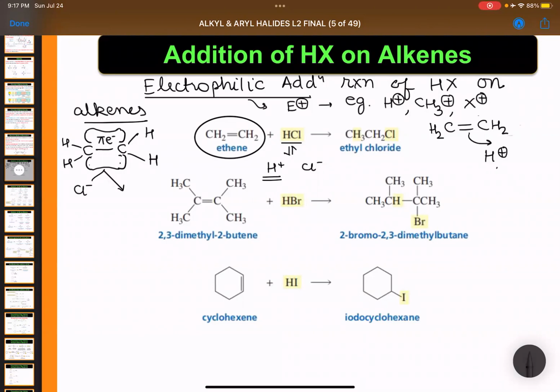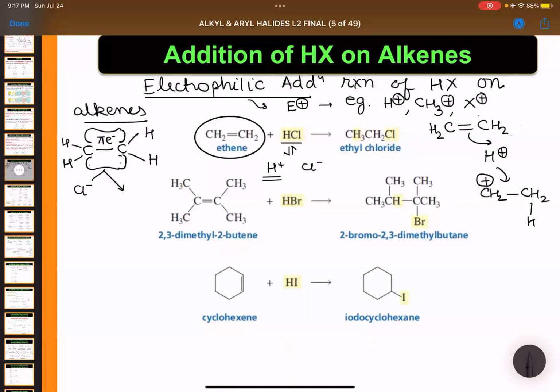So we will have this kind of structure: CH2, CH, 2H. You can write it completely. This is the plus which is forming, and this is the carbocation intermediate which forms with the attack of H plus. H plus will pull both the pi electrons and use them to join itself to the carbon atom.